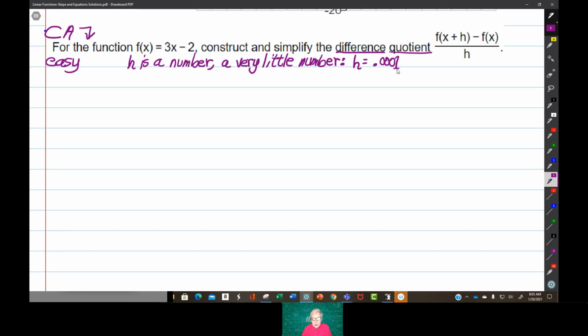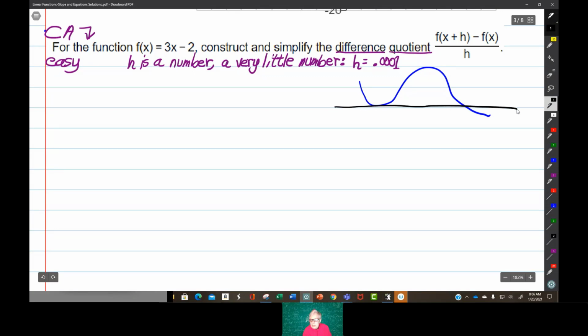But here is what we do. If you have a curve like this, let's just take a curve. And suppose this is the x-axis. And suppose these are any 2 points on the x-axis. They're really close together, so that the distance between them is h.